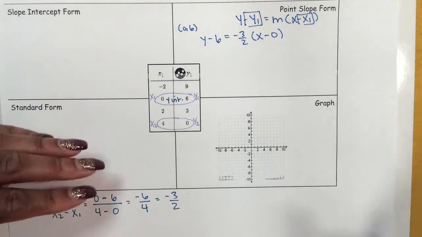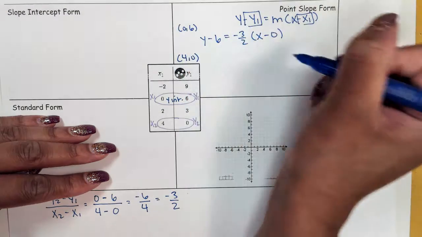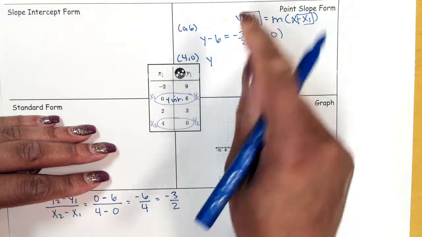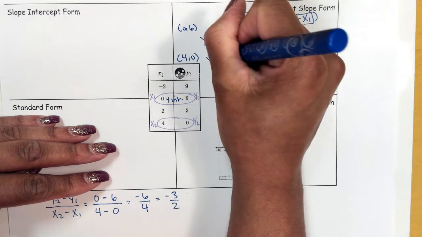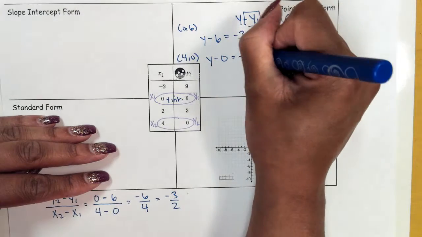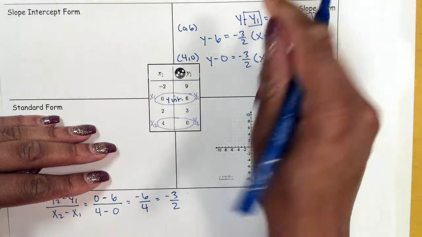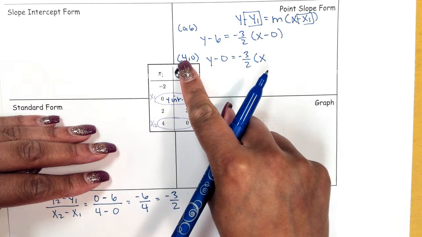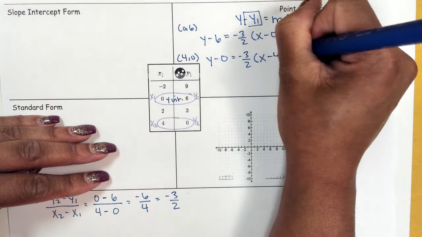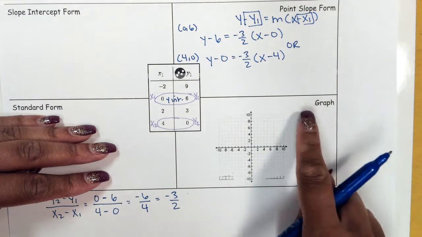Okay, because 0 cannot be positive nor negative. It is neutral. If I chose to do (4, 0), the x-intercept, I have y taking the opposite of 0, which is just 0. Then I have m, which is negative 3 over 2. Open parentheses, x, and then I have the opposite of a positive 4, which gives me a negative 4. So those are either of your point-slope forms.